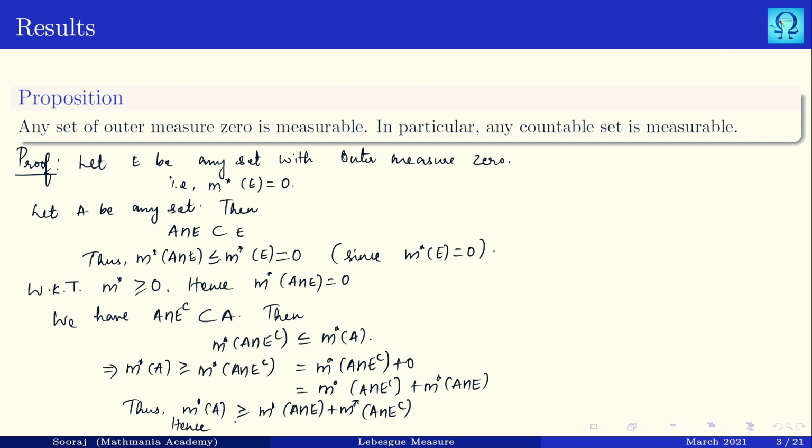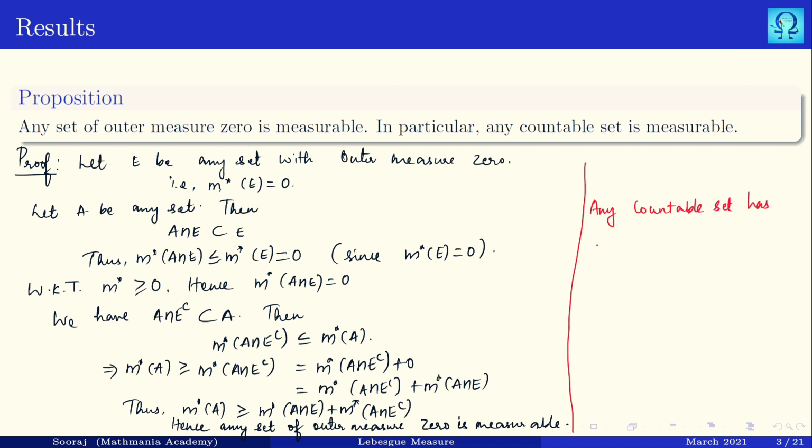So we come to a conclusion that any set of outer measure 0 is measurable. Here in particular they have given that any countable set is measurable. We have already proved that any countable set has measure 0.